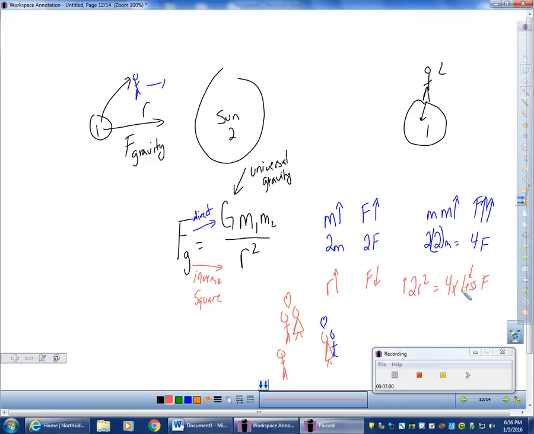If I did 3 times my radius, again 3 squared, 3 times 3 is 9 times the change. If I cut my radius in half, use a calculator if you need to, but 0.5 squared is 1/4, or 0.25, 4 times the other direction.